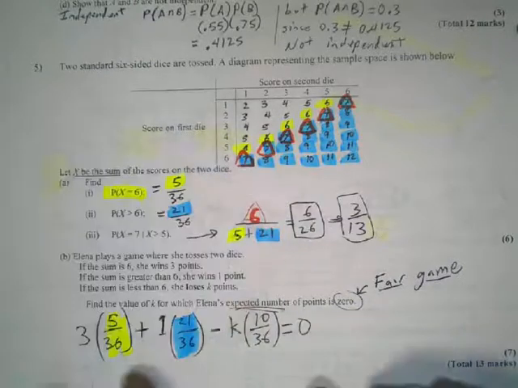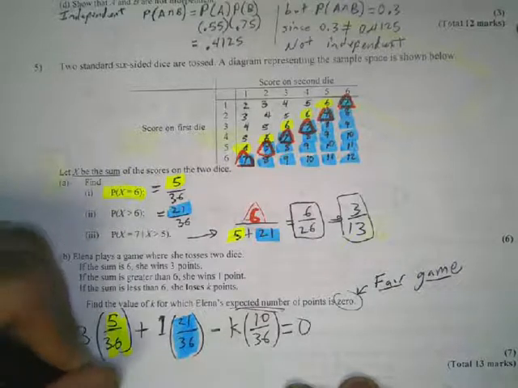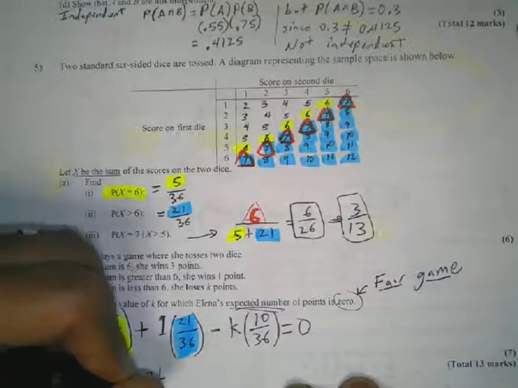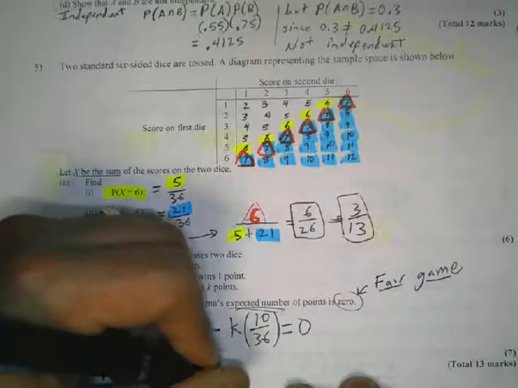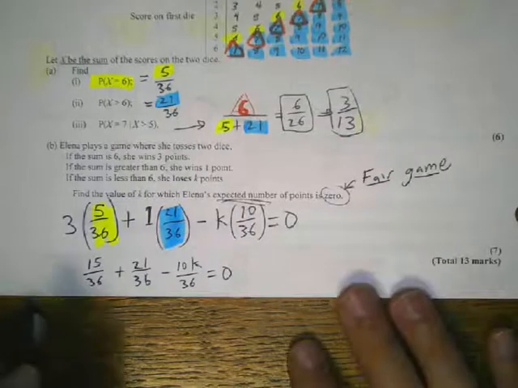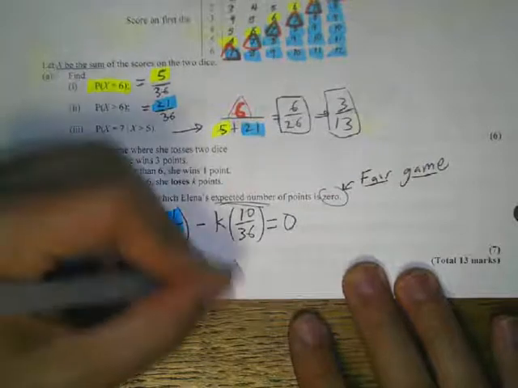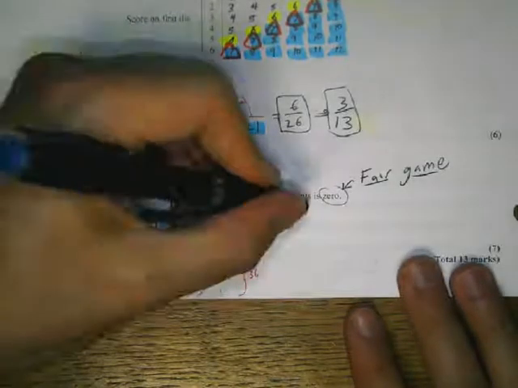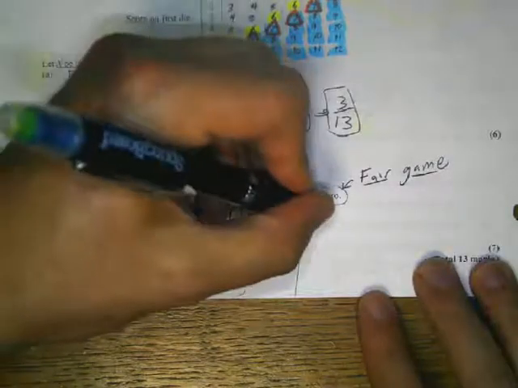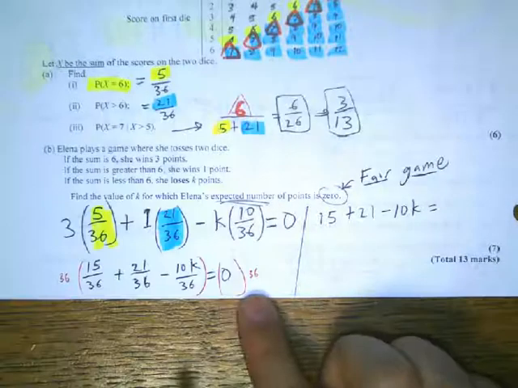So now we can solve for k. So we simplify this, we get 15 over 36 plus 21 over 36 minus 10k over 36 equals 0. All right, so since the denominator is 36, I could multiply both sides by 36, and then my equation now becomes 15 plus 21 minus 10k equals, well, 0 times 36 is 0.